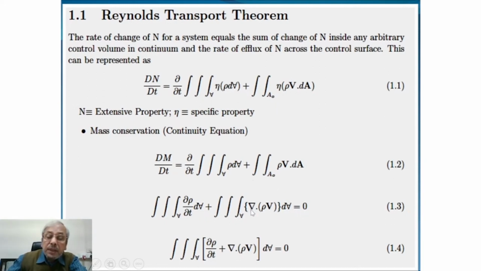So this becomes divergence of ρv dV equal to 0. Then we can write volume integral of ∂ρ/∂t plus divergence of ρv dV equal to 0. Now the volume cannot be 0, so inside what we write is ∂ρ/∂t plus divergence of ρv equal to 0.